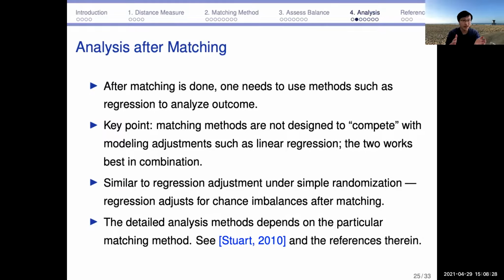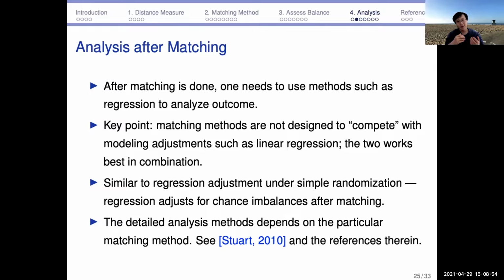After matching, unless we have perfect exact match, in which case regression adjustment does nothing, there are still chance imbalances after matching. There are still residual imbalances that matching is not able to resolve. So regression adjustment adjusts for these imbalances and therefore improves the estimation result.